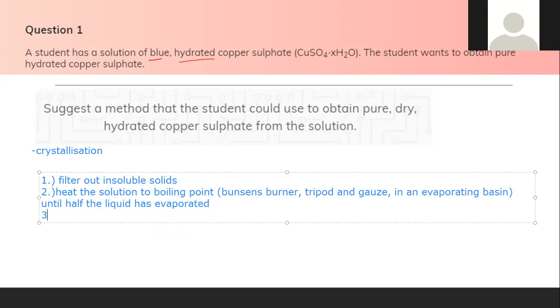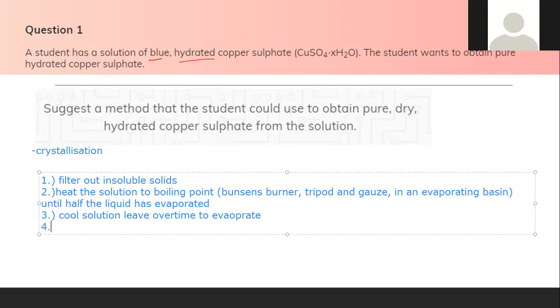Then stage 3, we're going to let the liquid cool. So we're going to cool the solution, and we're going to leave it over time to evaporate, so the rest of the liquid can evaporate.